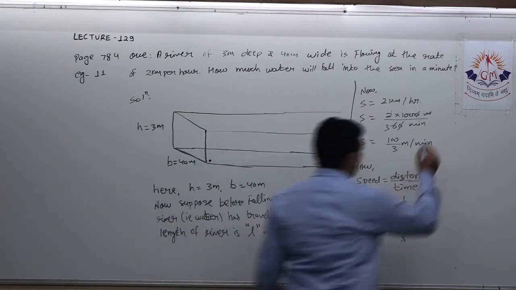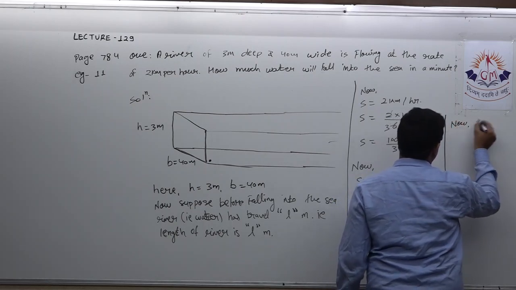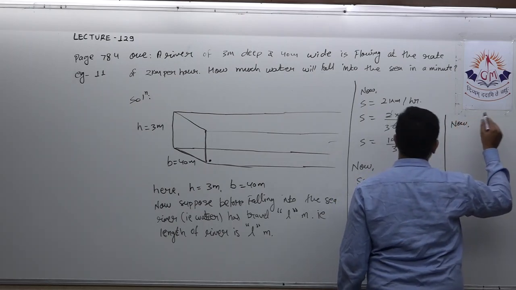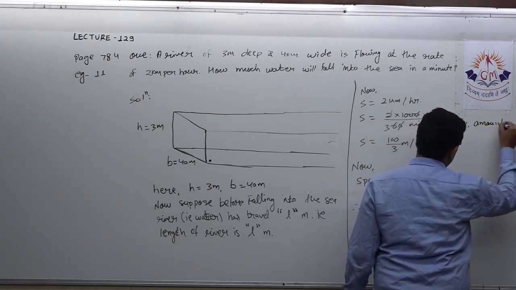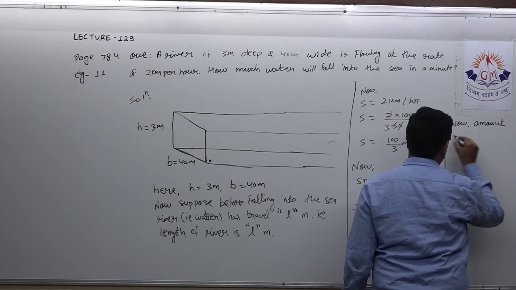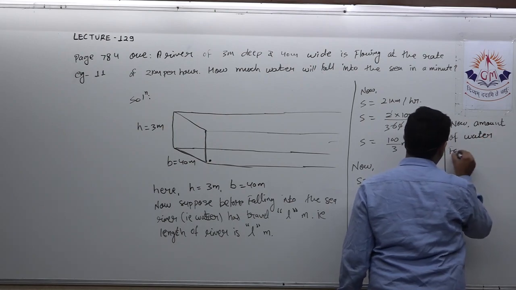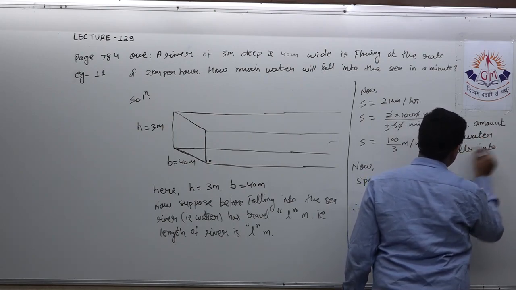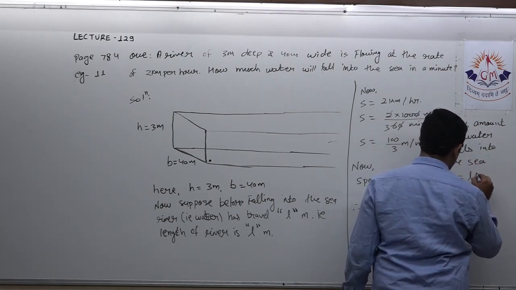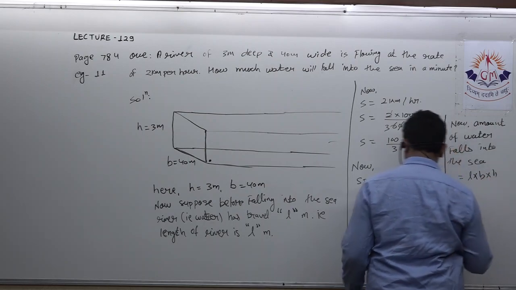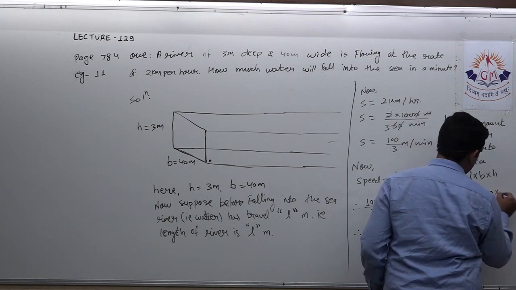Okay, so let us see the remaining portion over here. Now the amount of water that falls into the sea is equal to L into B into H. L is 100 upon 3, B is 40, H is 3.